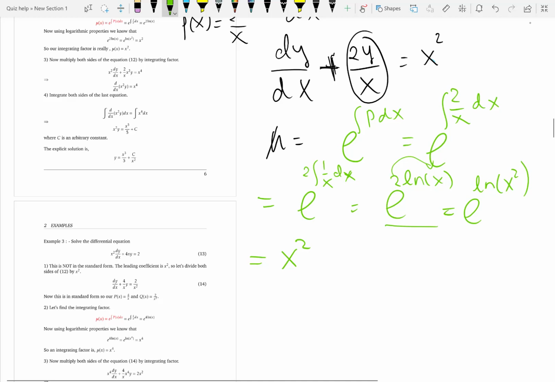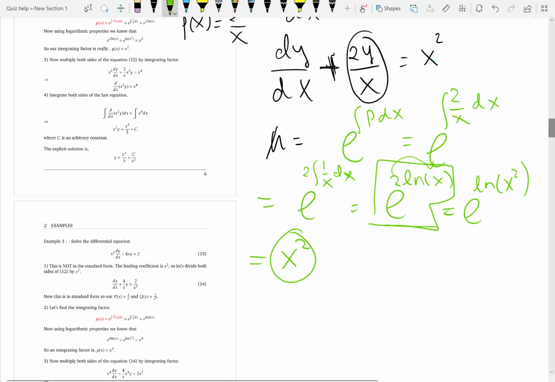So this integrating factor is much better than what you had before, and you cannot escape this. If you can simplify your integrating factor, you must do it. Otherwise, you will have a hard time solving the rest of the problem.